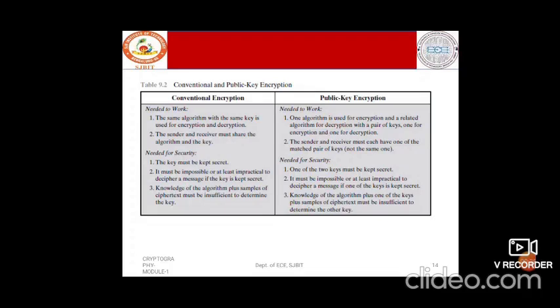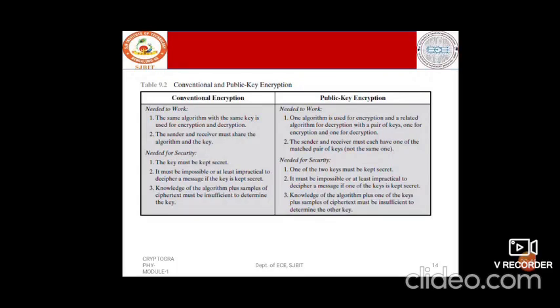So in this table, we can see some of the conventional and public key encryption. So what is required in case of conventional encryption and public key encryption? In case of conventional encryption, the same algorithm with the same key is used for encryption and decryption. The sender and the receiver must share the algorithm and the key.